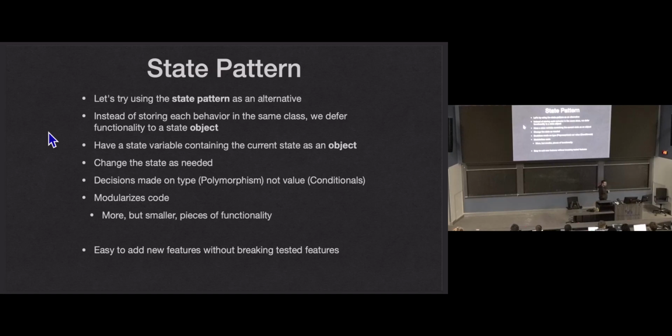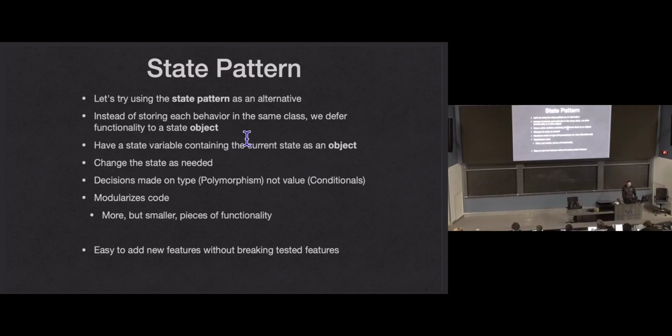And that state is going to control what the object actually does. So when the object gets a method call, it's not going to handle that method call itself. It's going to go to its state and say, hey, state, this method was called, do your thing. And then the state decides what should be done. And it's going to do something different depending on the type of that object.